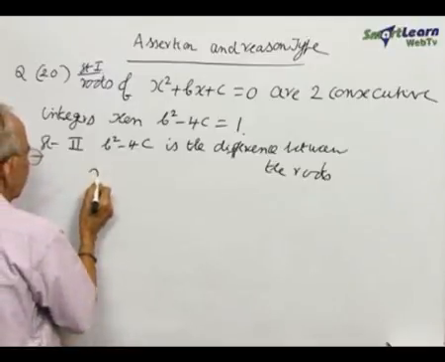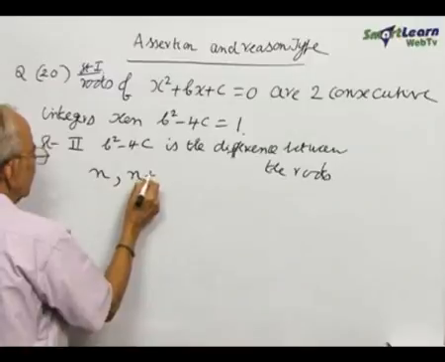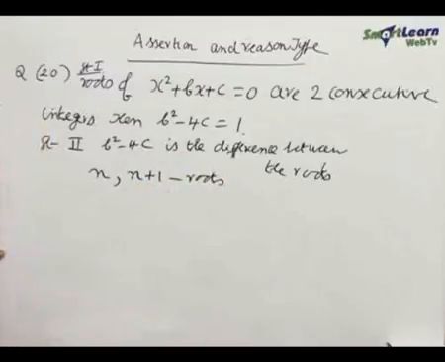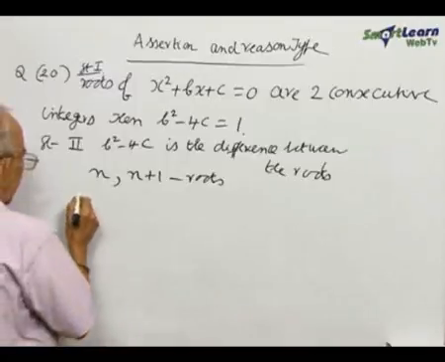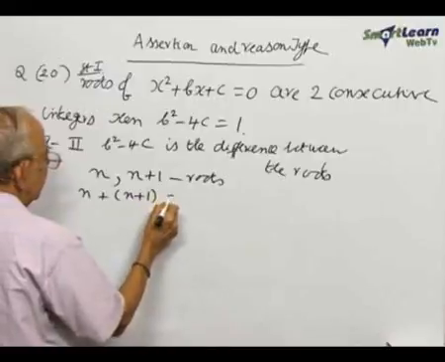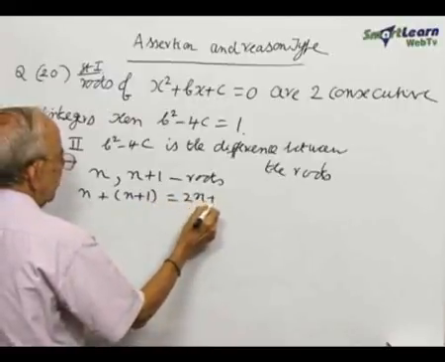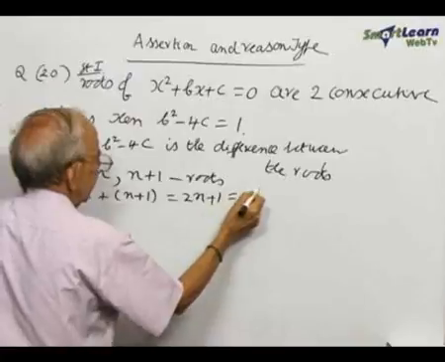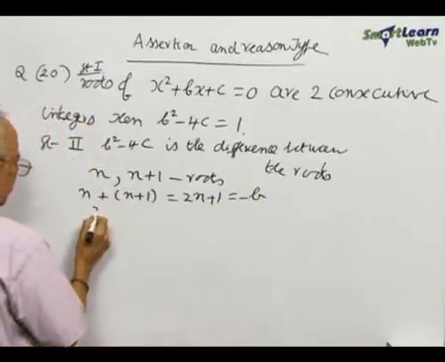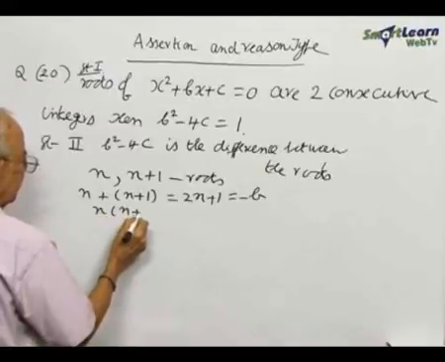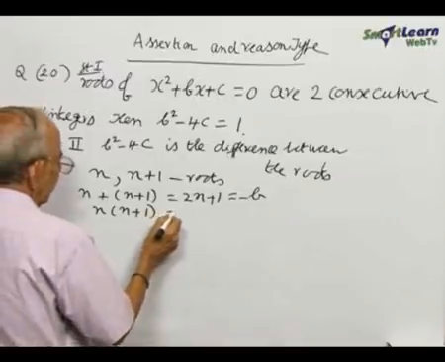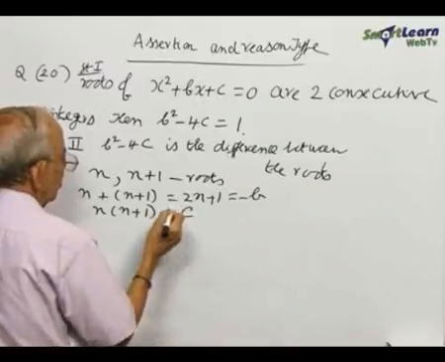So, let us take n and n plus 1 to be the two roots. Therefore, the sum of the roots, n plus n plus 1, that is 2n plus 1, equals minus b. Product of the roots, n into n plus 1, is equal to c.